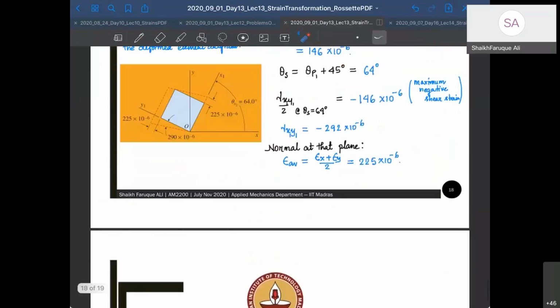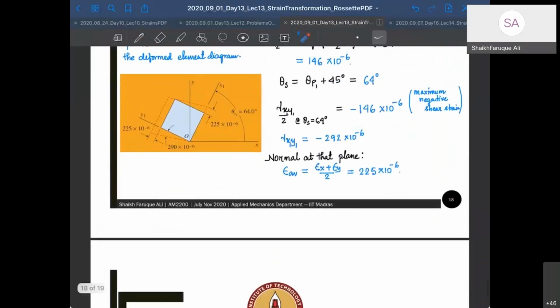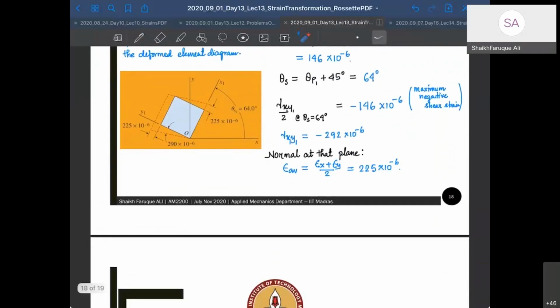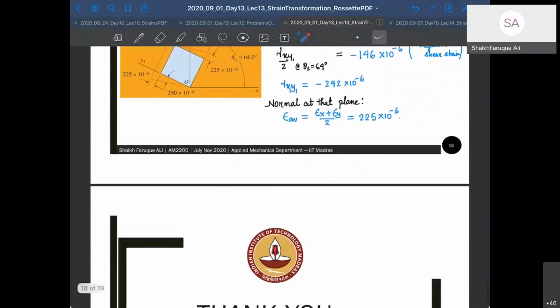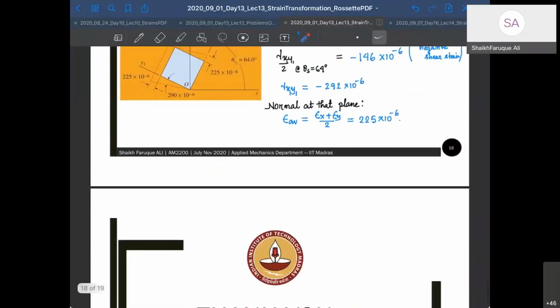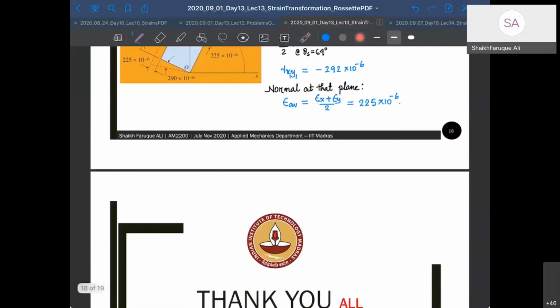Let's say you wanted it to have shear strain on both sides. How would you draw it? What is the plane? 64, right? So 64 is going to be something like this. This angle is 64. Now, what do I have here?